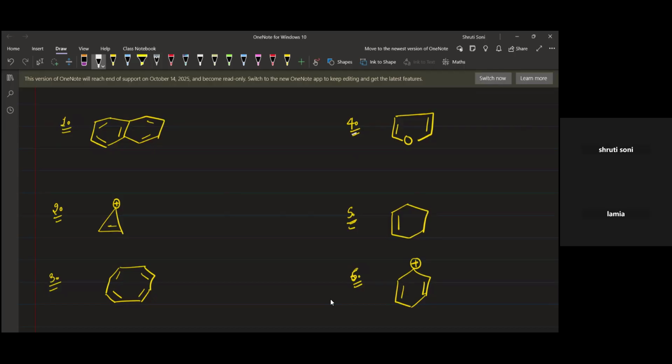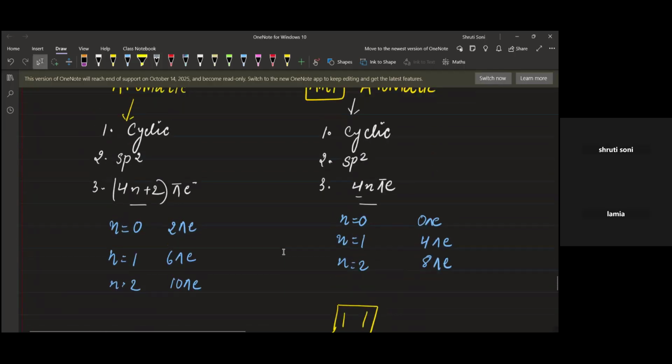Actually, would it be a better idea if I wrote down the notes that you gave me? Sure, just so that I'm more prepared.